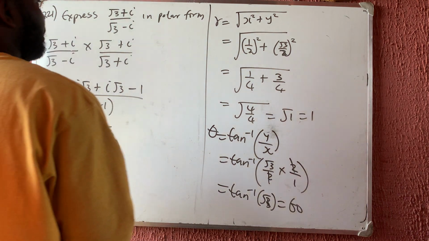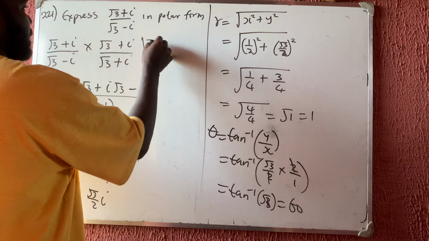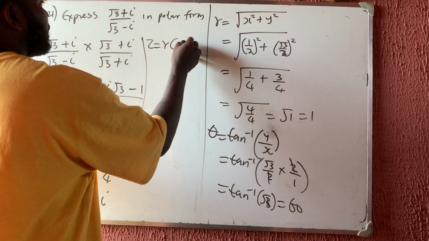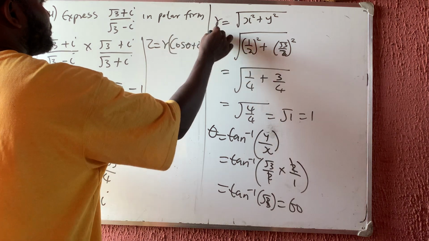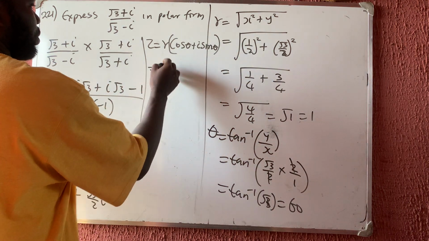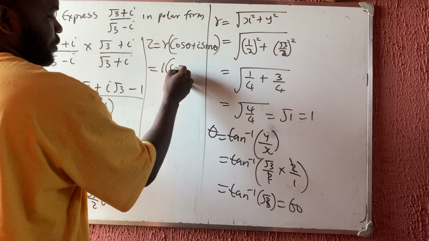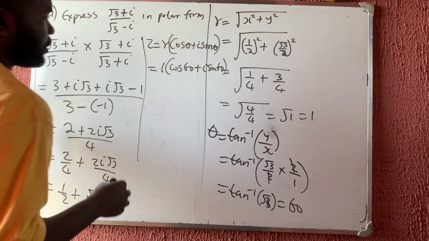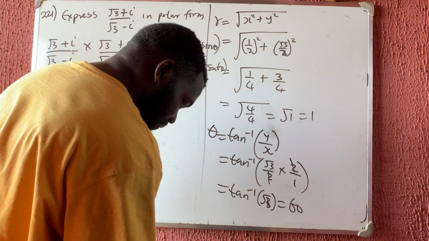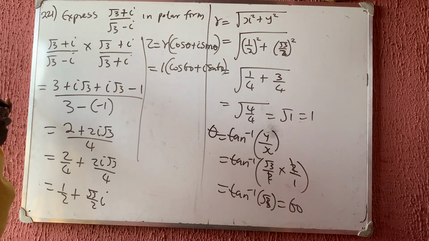So the polar form becomes z is equal to r cos theta plus i sin theta. Don't forget. So my r is 1 in bracket of cos 60 plus i sin 60. So that is the polar form.